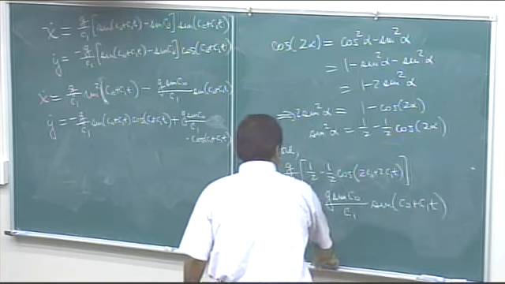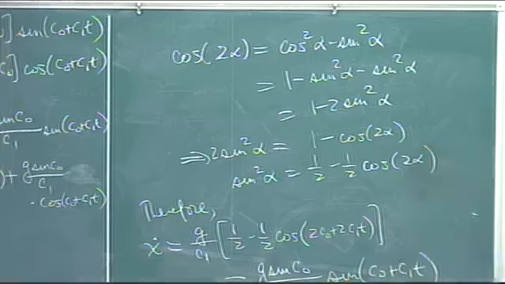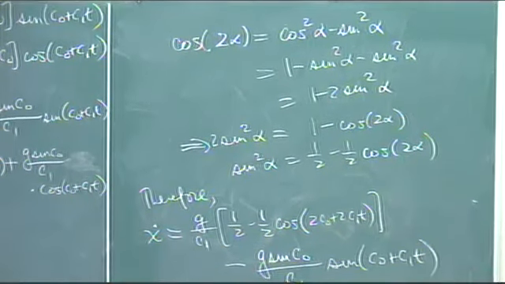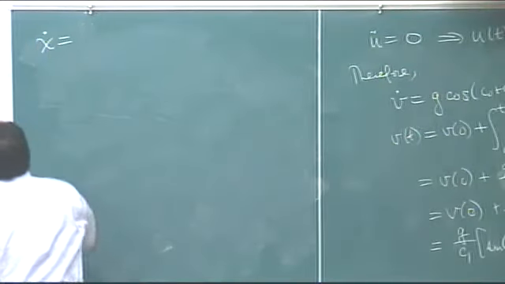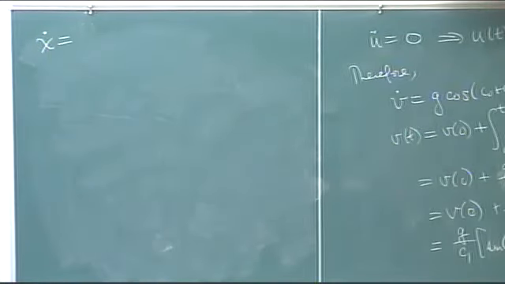So now I can integrate this whole thing, right? I can just take all that stuff and put it together, and get an expression for x dot, which can be written like this.